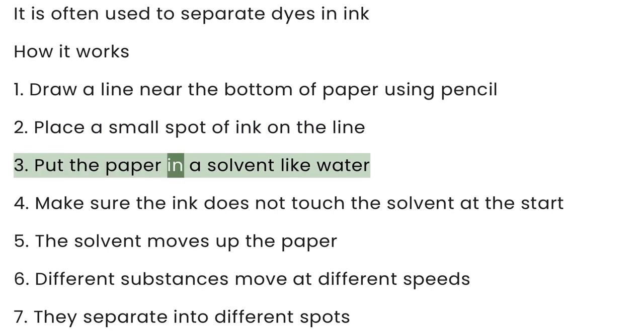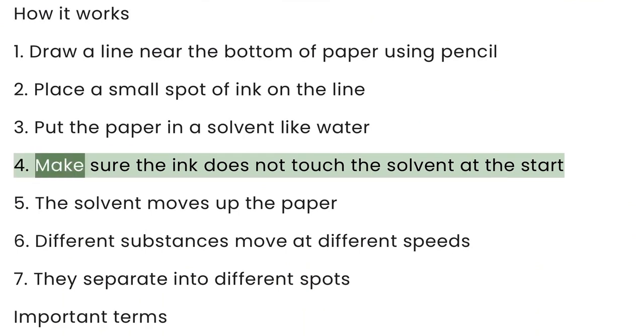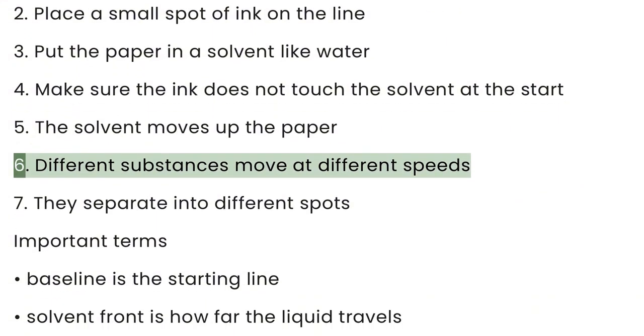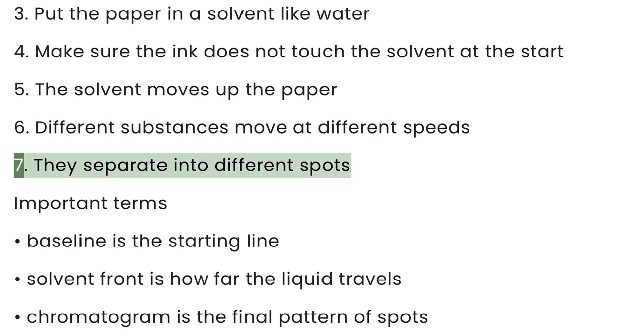Put the paper in a solvent like water. 4. Make sure the ink does not touch the solvent at the start. 5. The solvent moves up the paper. 6. Different substances move at different speeds. 7. They separate into different spots.